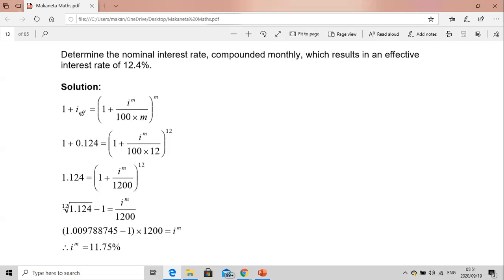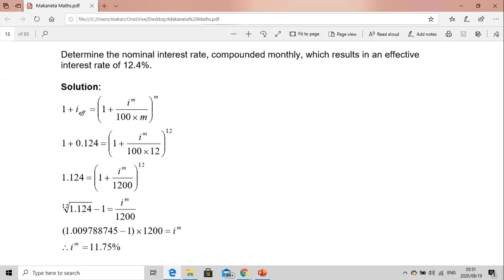And then the next one, of course, you can tell that if you are given the effective interest rate, you should be able to find the nominal interest rate. Let's assume that you are given the effective interest rate of 12.4%, and then you need to find the nominal interest rate, which is compounded on a monthly basis.